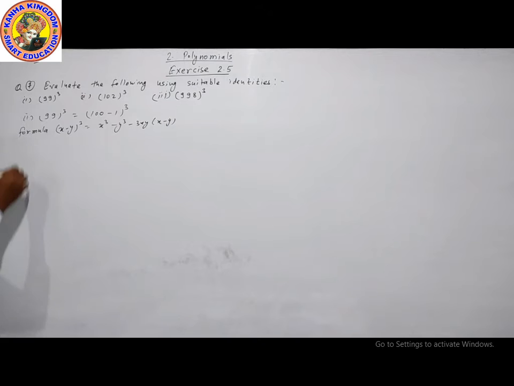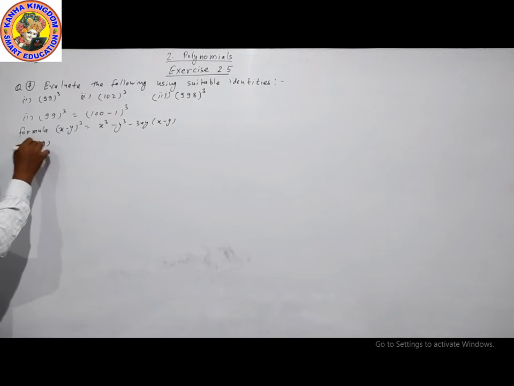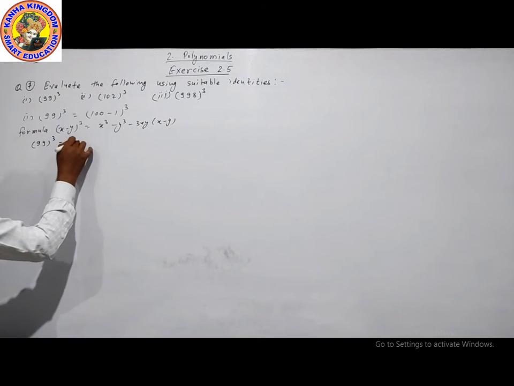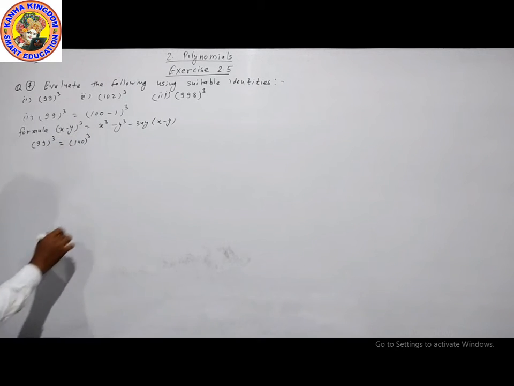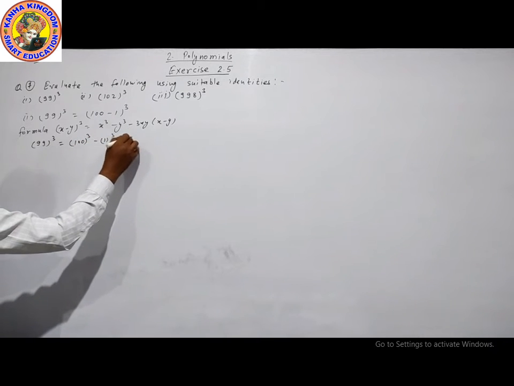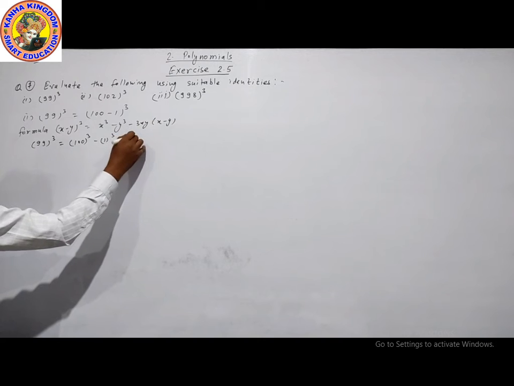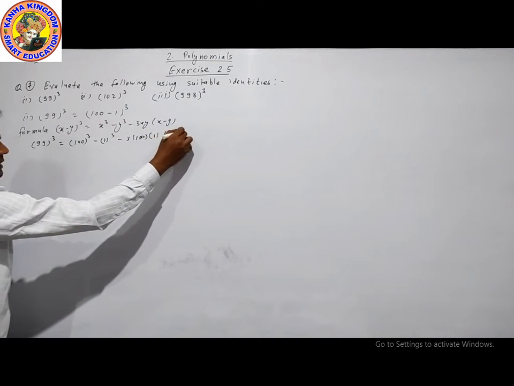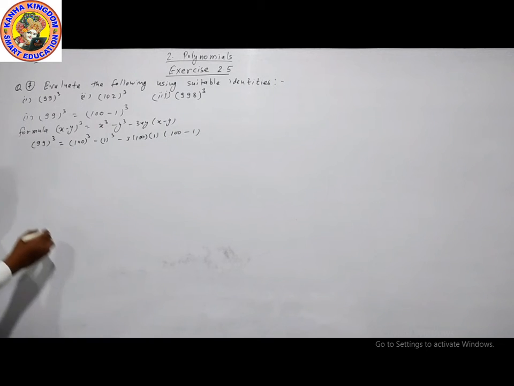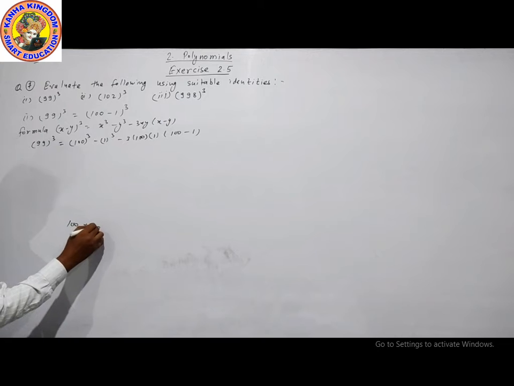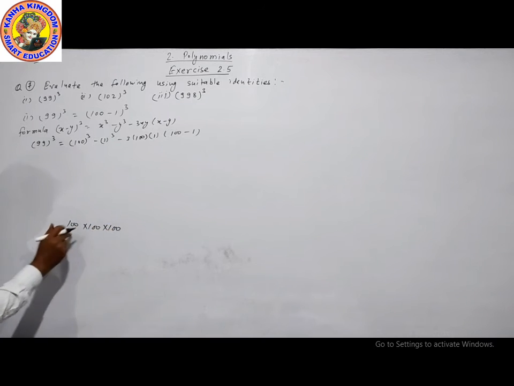Now we are putting the value. 99 cube is equal to x cube, 100 cube, y cube, 1 cube, minus 3, x 100, y 1, x 100, y 1. Now solving 100 into 100 into 100, this is our cube, 1 followed by six zeros.